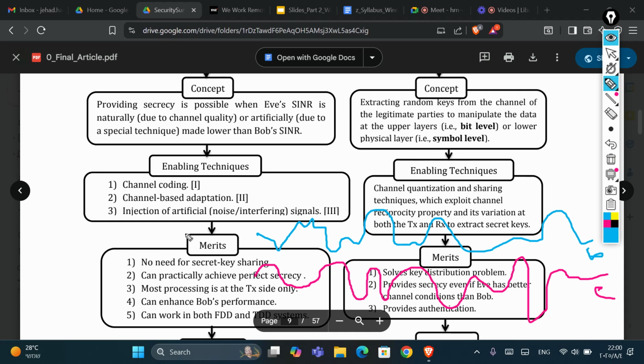So if this is the channel response at Bob and this is the channel response at Eve, one might ask me: can you explain why we usually have different channel responses at Bob and Eve? Why don't we have them identical?